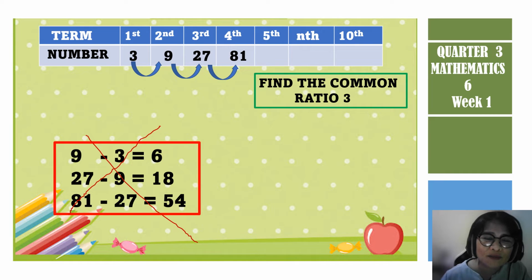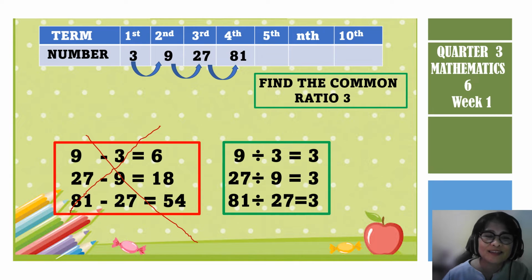So, to find the common ratio, hindi tayo gagamit ng addition and subtraction. We're going to use multiplication or division. Tingnan natin kung pwede natin gamitin ang division dito. So, 9 divided by 3 is equals to 3. So, meron tayong 27 divided by 9 is also equal to 3. And then, 81 divided by 27 is equals to 3.